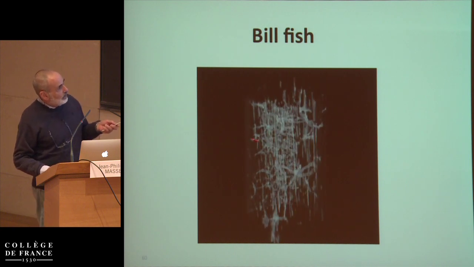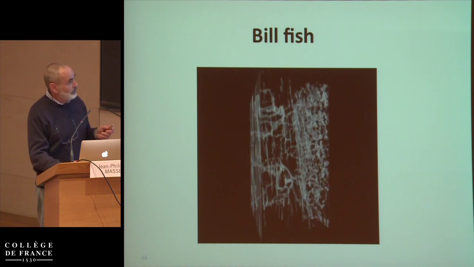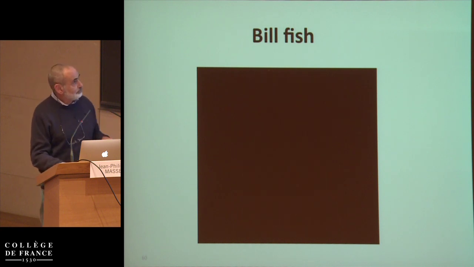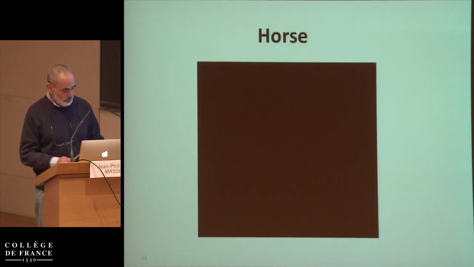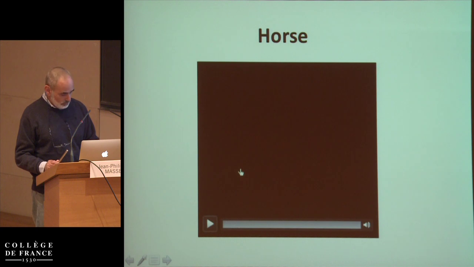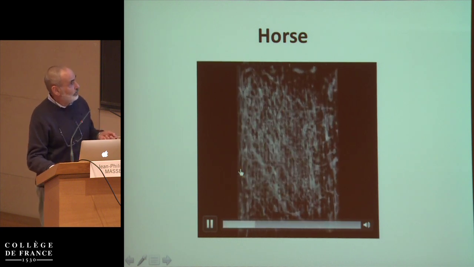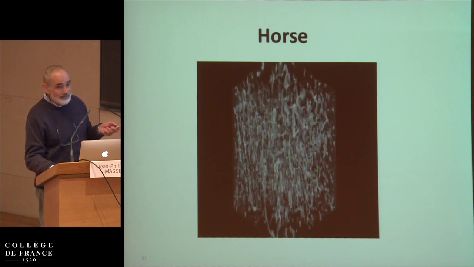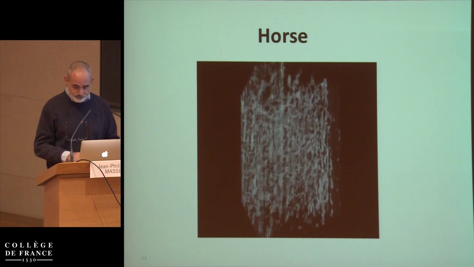There are some connections laterally, but the main orientation is along the length. And just for comparison, I'll show the same short movie with the horse. It's a bit denser, that is true, at least in this area, but the arrangement seems to be pretty similar.